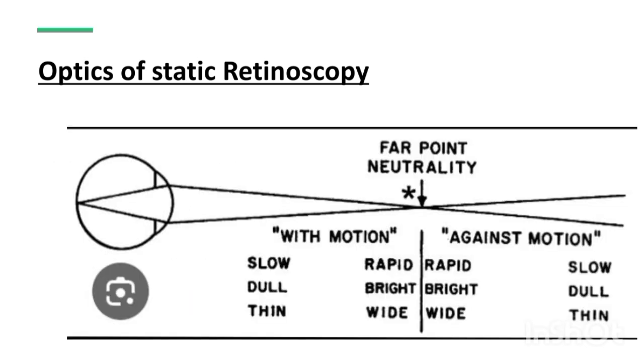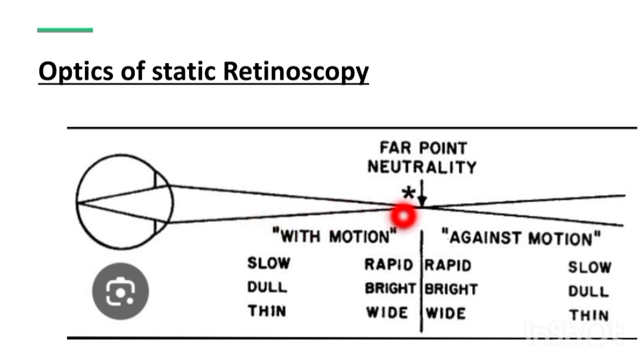Now we come to the main concept of the retinoscope. This is the patient's eye, and suppose we are doing retinoscopy. This ray goes from the retinoscope, is reflected from the retina, and comes back to the peephole of the retinoscope.